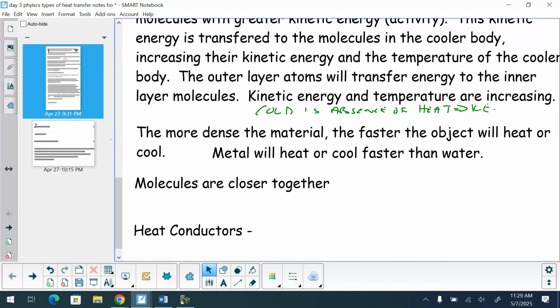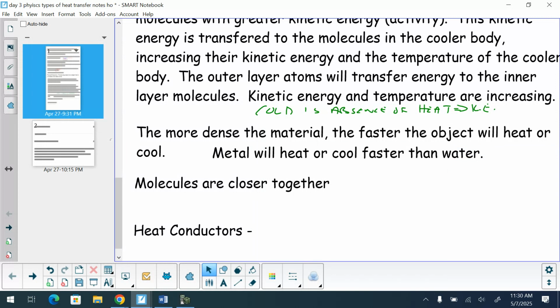And the question is, why do more dense objects heat or cool faster? Well, when you're heating or cooling, you're either increasing or decreasing in your average kinetic energy. Your interaction between molecules is your average kinetic energy.